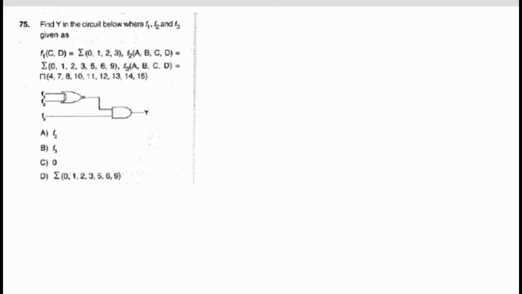Question number 75. Find Y in the circuit below where F1, F2 and F3 are given as. So F1 is given. Let's write F1 CD equal to sum 0 1 2 3. If you look at F2 and F3, you will see that those are of 4 variables.